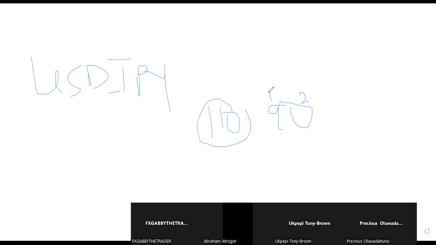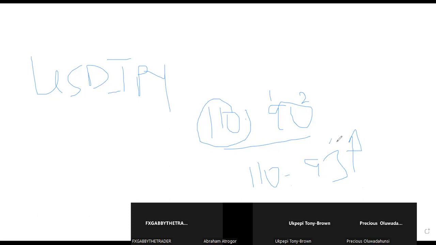Sorry, 1, 2. So this is the second decimal where we count our pips. So we'll now come and do our extraction, but let me do a little analysis. If we say USD JPY has moved from 110 to 93, how many pips has USD JPY gone up with?